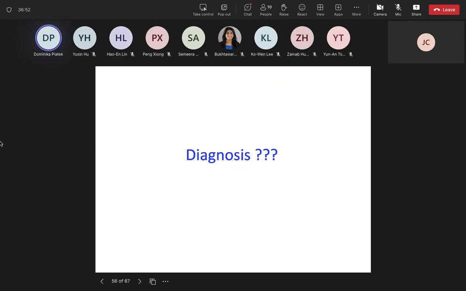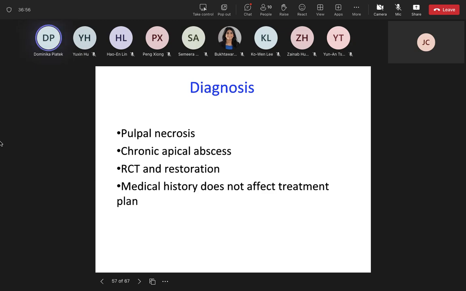And what will be the diagnosis in that case? As a diagnosis, because there was no response for the pulpal tests, we will have pulpal necrosis. So for the pulp, this will be that diagnosis. But for the periapical area, we will have the diagnosis chronic apical abscess.